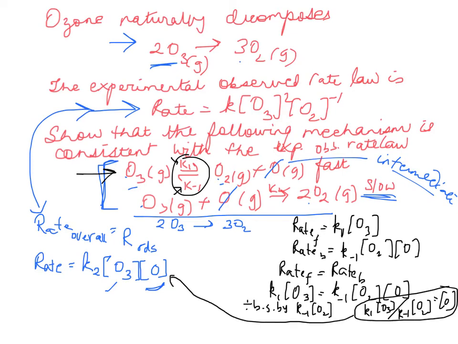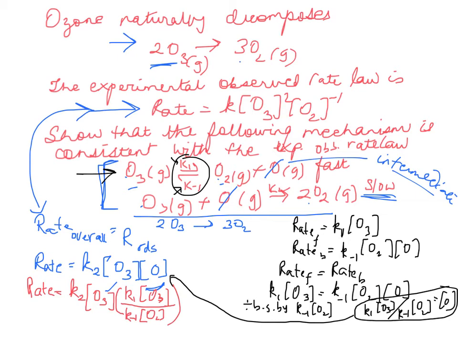So it's going to start looking like rate is equal to K2 times ozone times K1 times O3 divided by K inverse times O2.